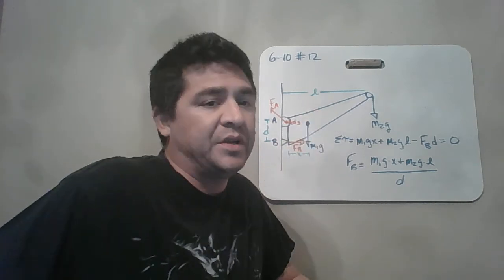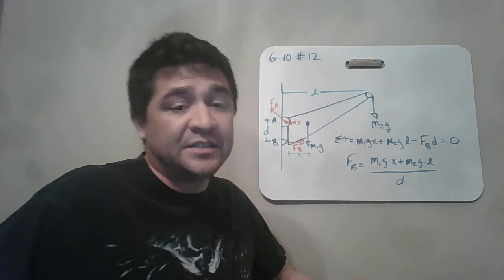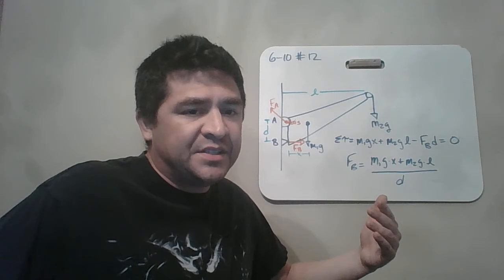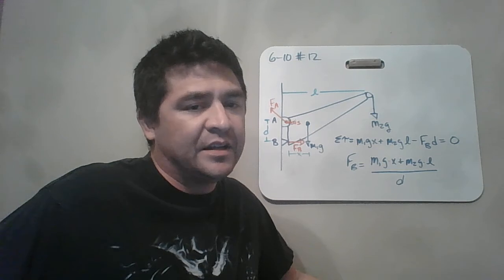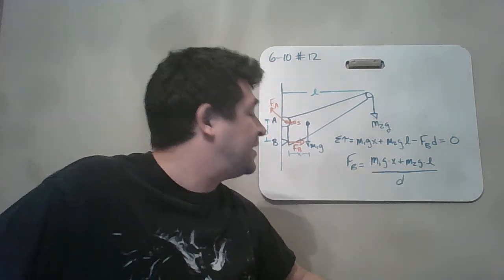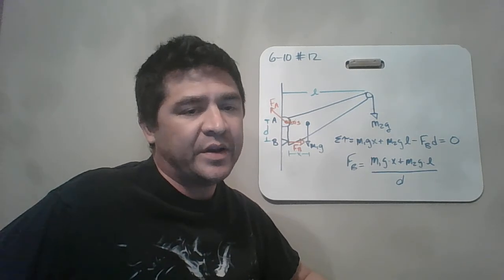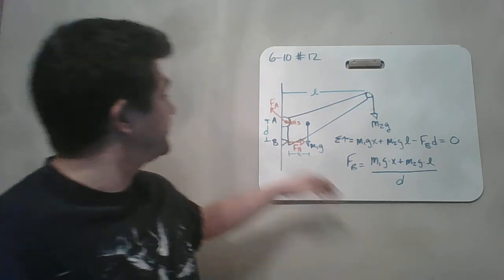So we get the force at B acting at distance D away, which is given. Set all that equal to 0 and solve for the force at B. Again, picking that point of rotation cleverly makes things a lot easier. So the two torques from the weights pulling down clockwise, divided by that distance D, gets you the force at B.